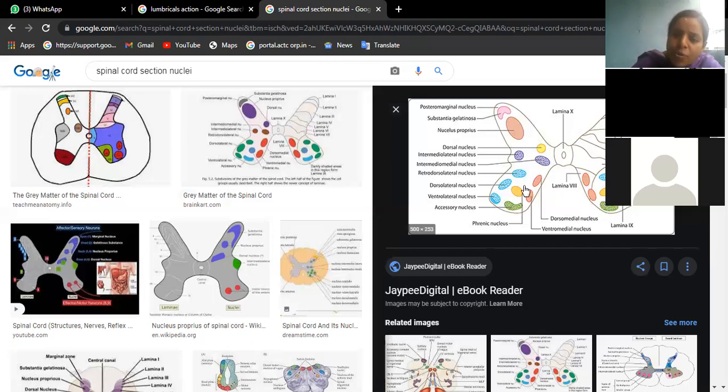On one side you exclusively show the nuclei, and on the other side you exclusively show the laminae. Surrounding this gray matter, we have white matter, no? In that white matter, try to show the list of ascending and descending tracts. So that is the section of spinal cord with the internal structure labeled. When you draw this completely, you will get full marks.